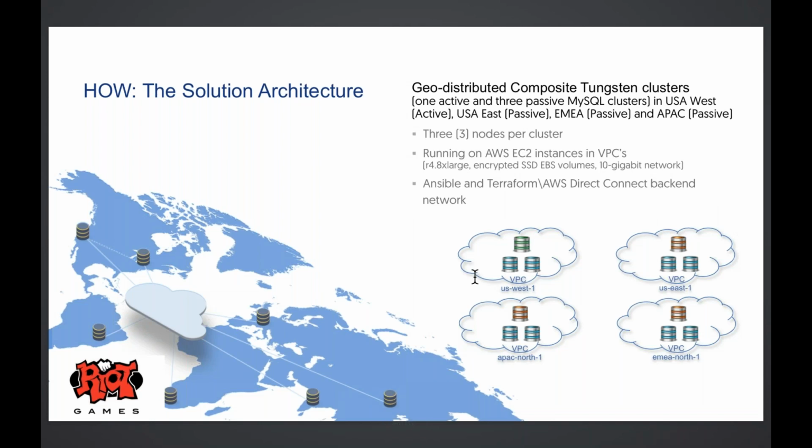How are we going to solve this? How are we going to actually get data from that single golden master out to each of the individual regions fast enough and well enough to be able to serve the client applications locally in each region?